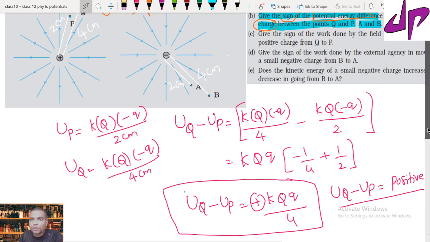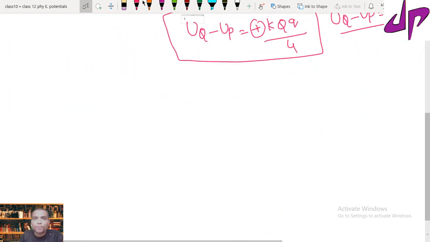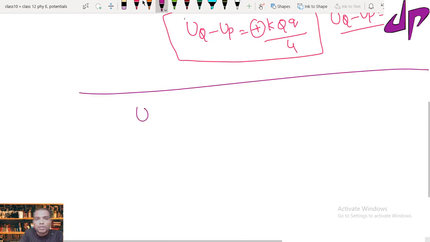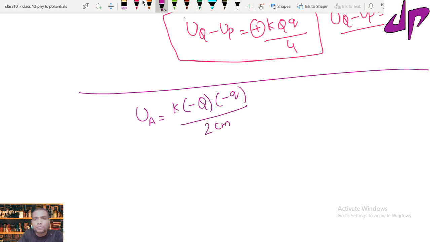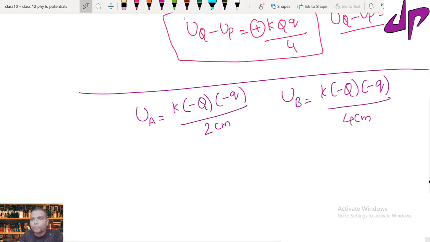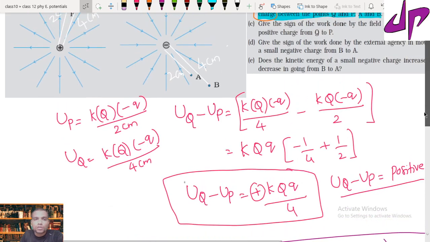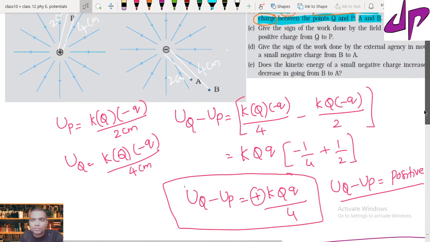Now we apply the same potential energy formula, this time for A to B. The potential energy at point A equals K, and this time my source charge is negative Q, and the test charge is minus q, upon a distance of 2 centimeter. And the potential energy at point B equals K times minus Q times minus q upon 4 centimeter. So the source charge is negative and the test charge is also negative.